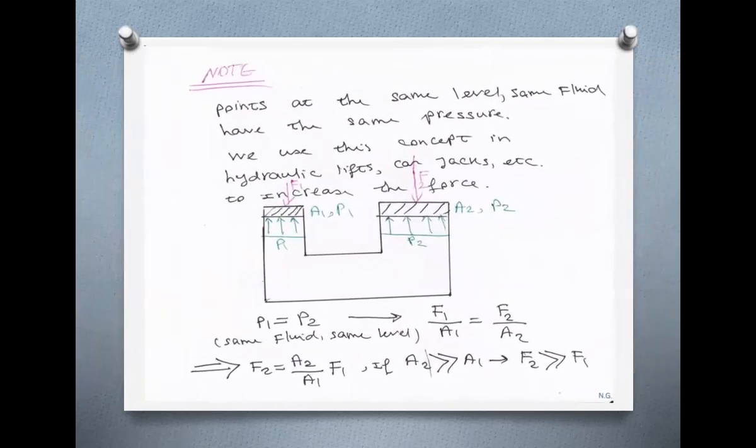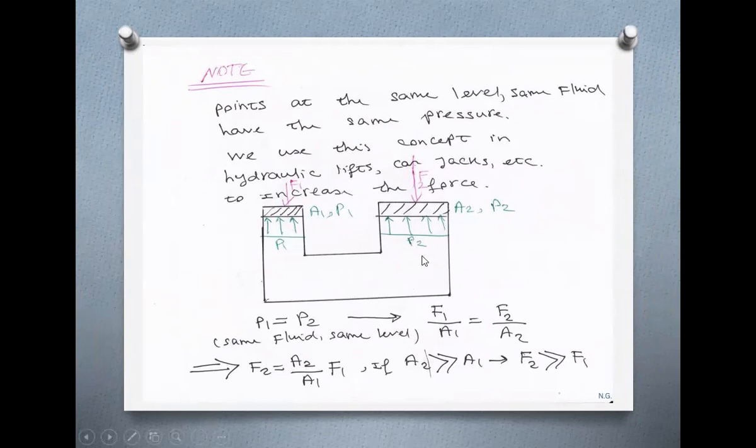We are going to use this simple principle in devices like hydraulic lifts, elevators, car jacks, and this type of device. We use them in these machines. So I'm going to explain on this example.